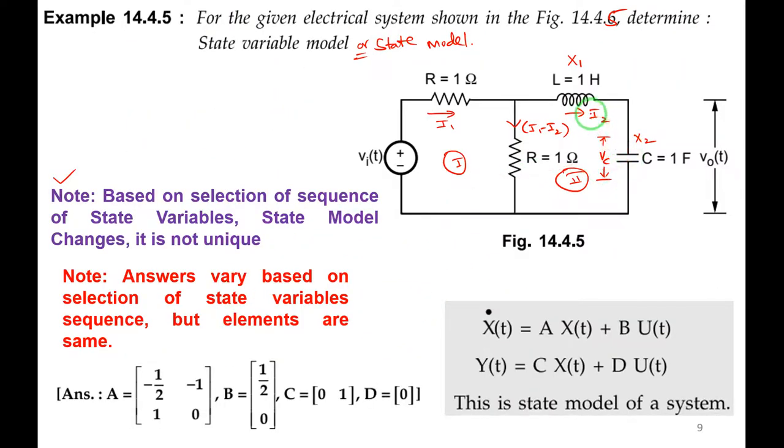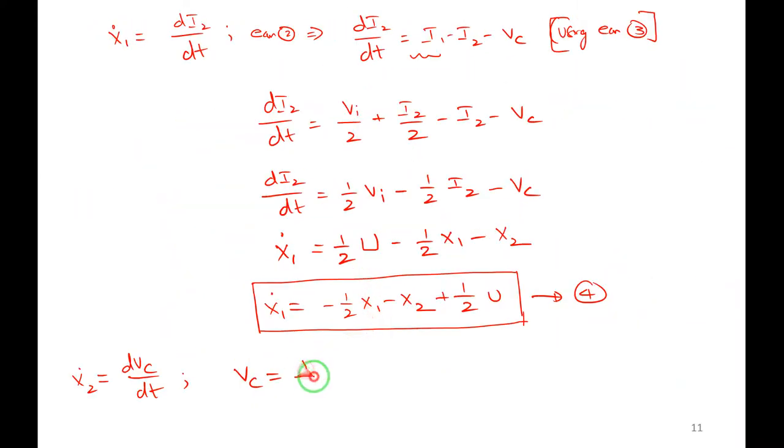It is 1 by C into integration of the current flowing through this capacitor, I2 into dt. Yes, is it correct? Then next, I want dVc by dt. Take differentiation of Vc with respect to time. dVc by dt is 1 by C into I2, that's all. This integration will get cancelled. So I am getting this.